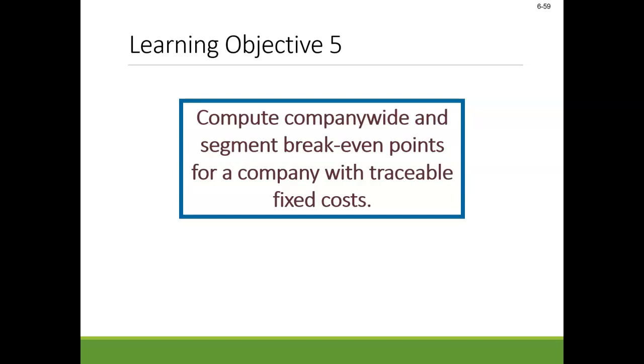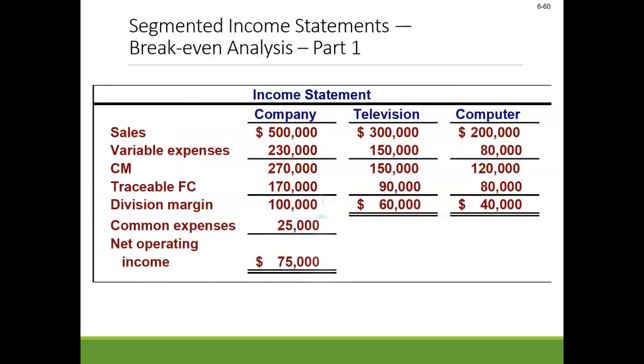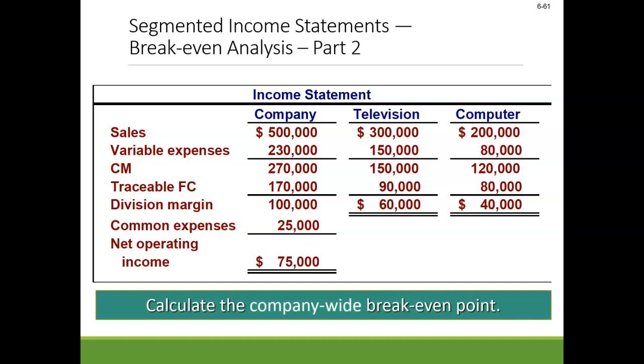Now, moving on to look at some break-even points. Here, we've got back that division again, and the company with the 2 different television segment and computer segment. Now, what is the company-wide break-even point?